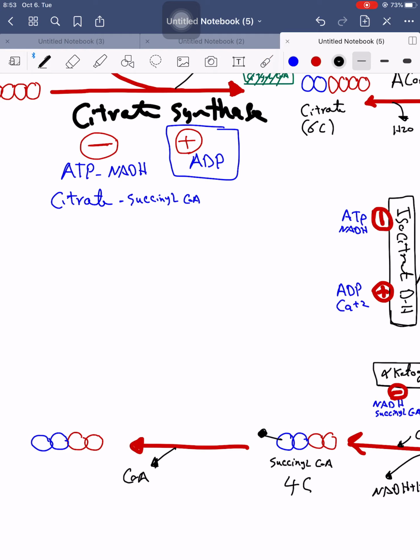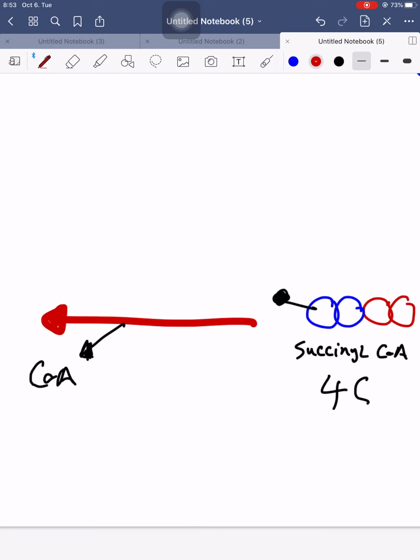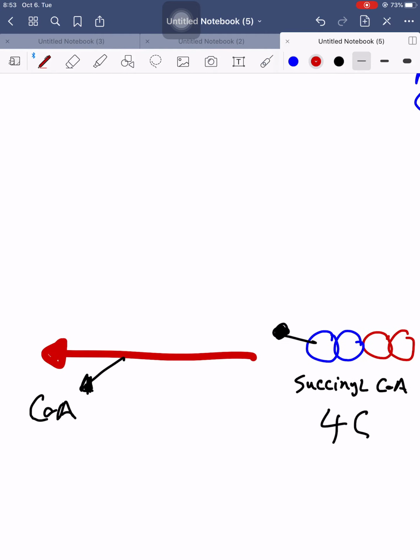How? We have a specific molecule called GDP, which will be phosphorylated to produce GTP. GTP looks like ATP. So GTP will bind with ADP to convert it to ATP. So we can say simply we're producing one ATP.